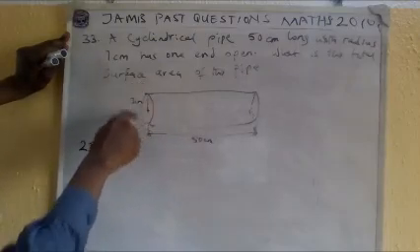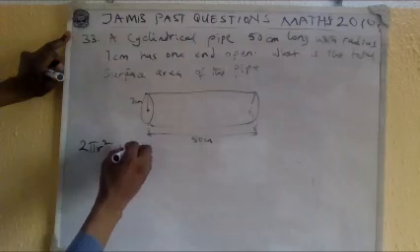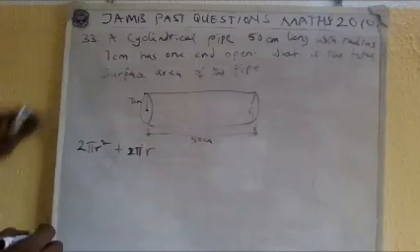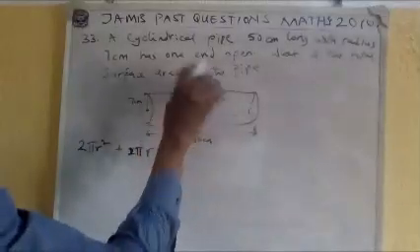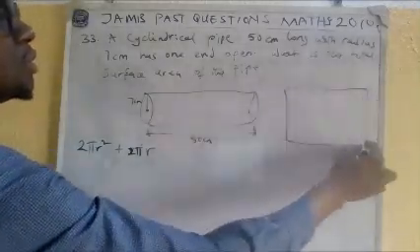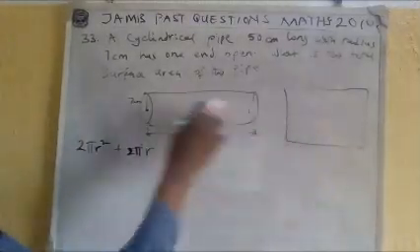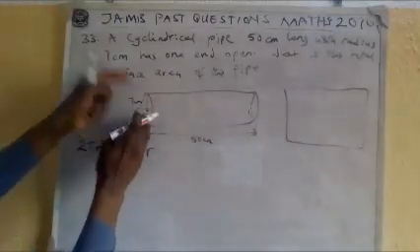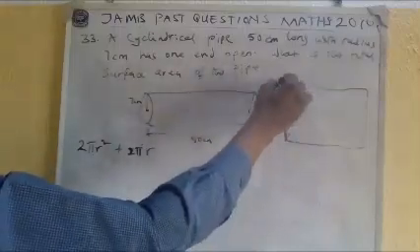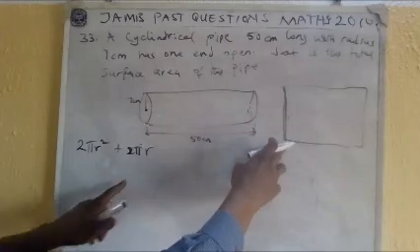The length of that side is the circumference, and circumference is 2 pi r. If you wrap it back, it will form a circle. So this side is the circumference, that's why I have 2 pi r.